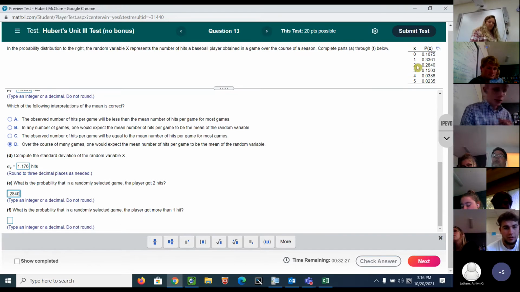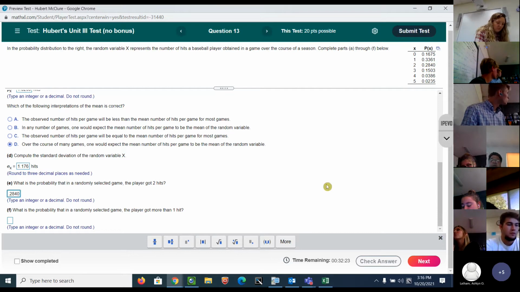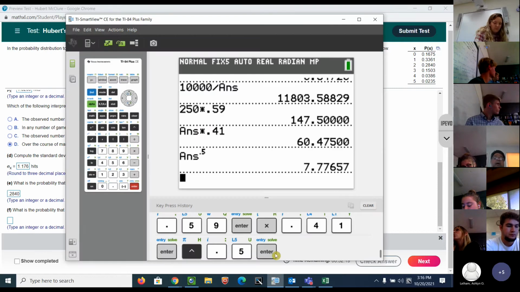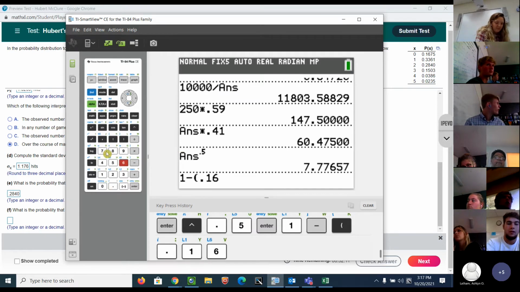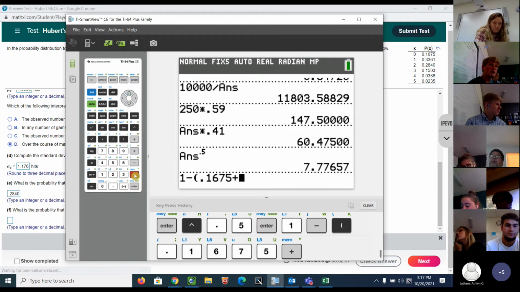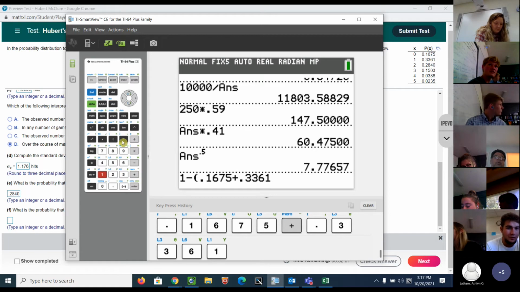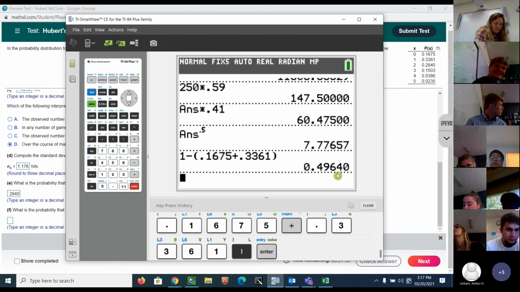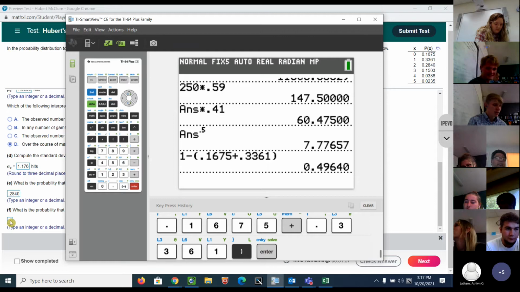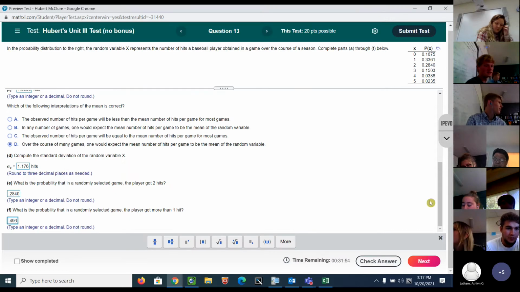Well, more than 1 hit would be these two added up, subtracted from 1, and that's going to be 1 minus parentheses 0.1675 plus 0.3361, close parentheses, 0.4964.